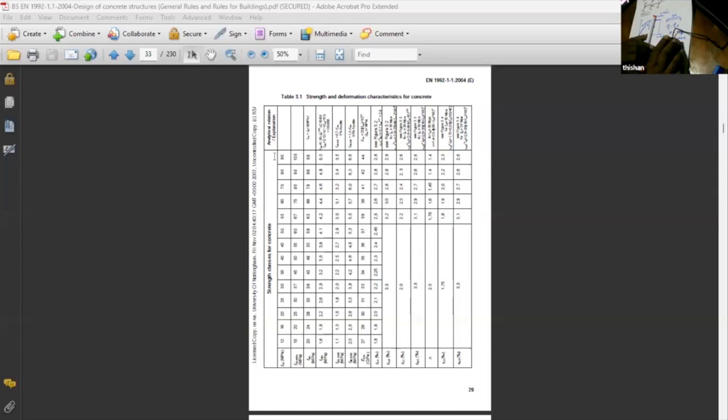It allows you to do something else. What is that? If you want to go beyond 105 cube strength, if you link up with the university and do the necessary testing, you can even use 50 megapascal concrete, and that's how Dr.